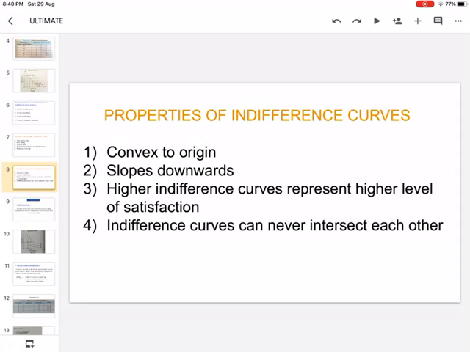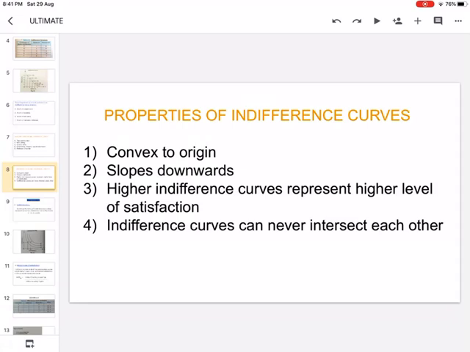What happens is that when the consumer consumes, in our example, more and more of apples, his marginal utility from apples keeps on declining, and he is willing to give up less and less of bananas, as is given in our example, for each apple. So, indifference curves are convex to the origin. Okay? So it gives this downward sloping convex shape to the indifference curve.